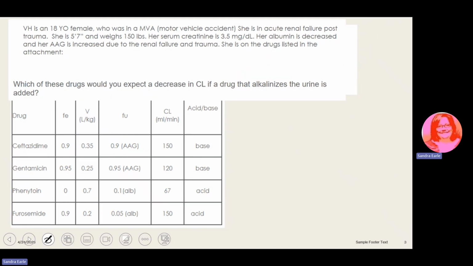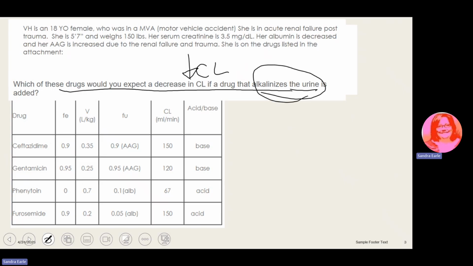So it's the same drugs, same situation, but which of these drugs would you expect a decrease in clearance if a drug alkalinizes the urine? So alkalinization of the urine, remember, affects drugs that are reabsorbed, right? If we have an acid, it's going to have the ionized over the unionized species, and the base is the opposite.